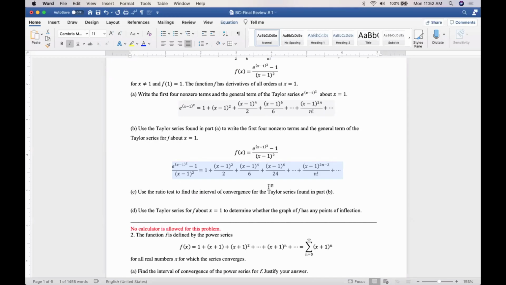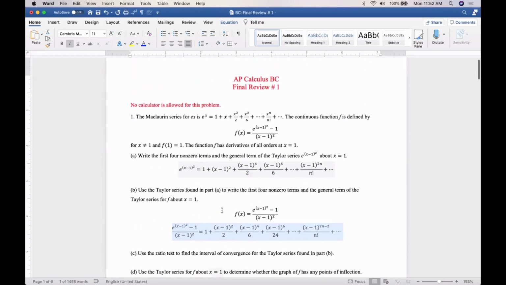For part A, since it's centered about x equals 1, do you have to substitute that? Substitute what? All the x's with 1. What about part A? It says it's about x equals 1. It is about x equals 1 right here.